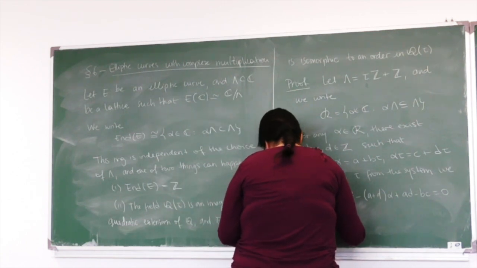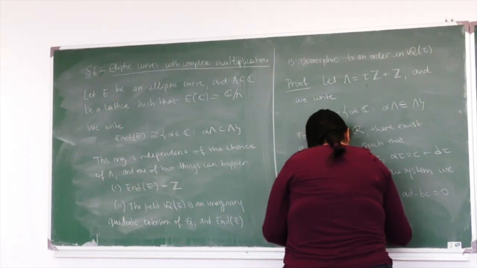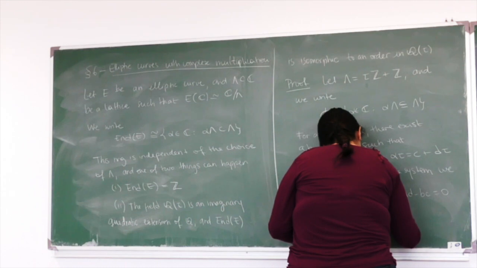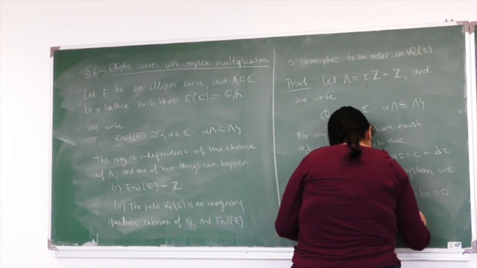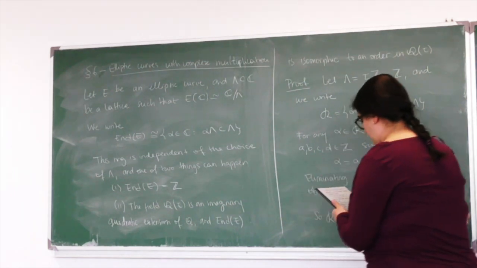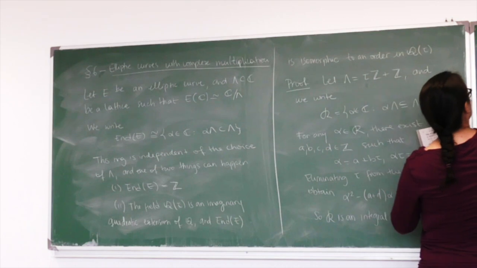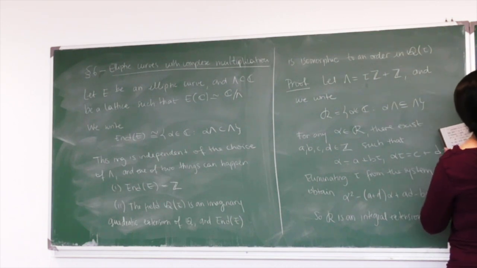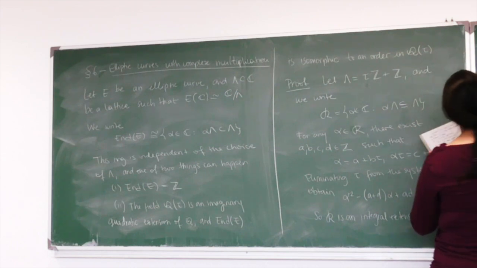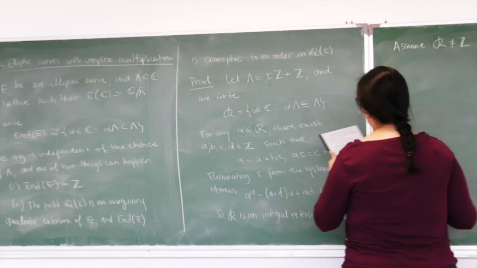So R is an integral extension of Z. And now if we assume that R is not exactly the integers, so now we want to be in the second case of what we had here.